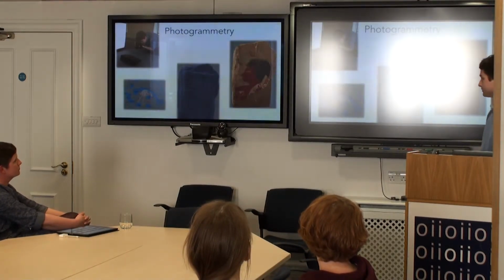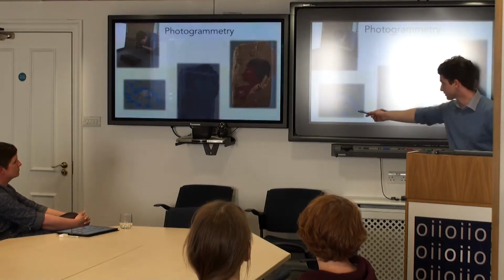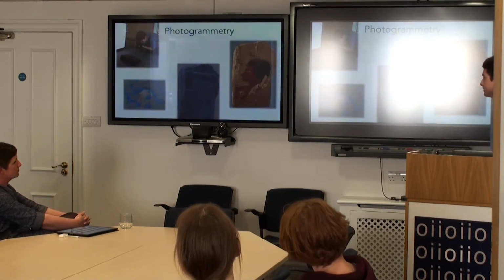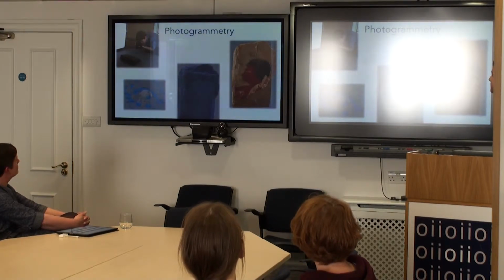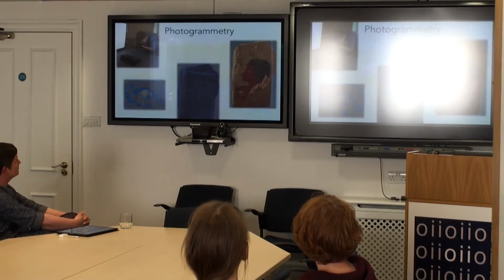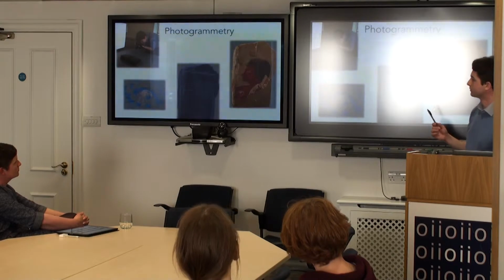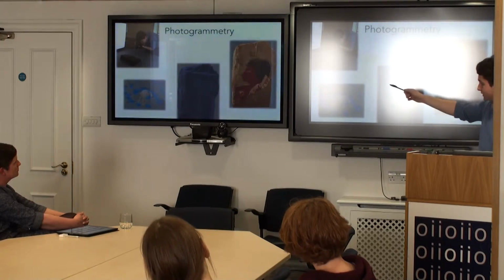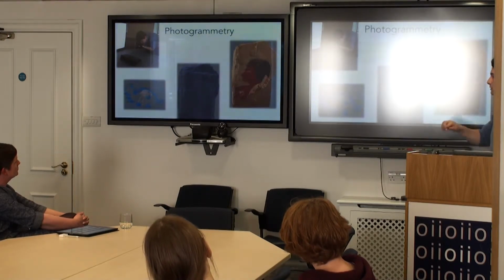After that, I mentioned this point cloud. This is an example here. The software will align the cameras and work out where the photographs were taken from. You can then join the dots basically to produce this kind of wireframe mesh, which is then textured with the photographic texture laid on top.